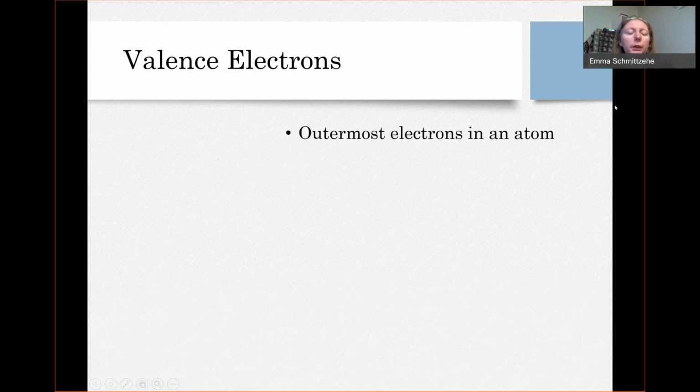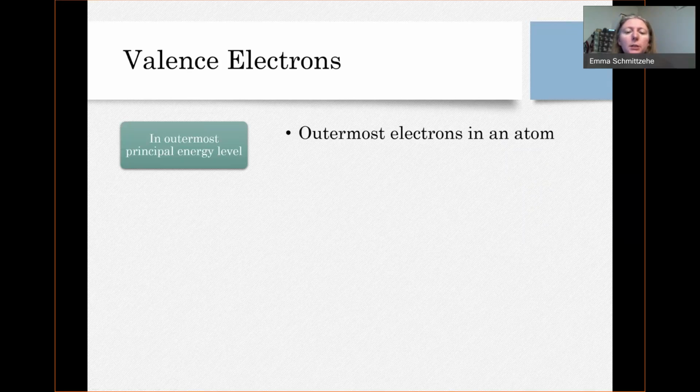So first off, valence electrons really are just the outermost electrons in an atom. Another way it can be described is the outermost principal energy level. Electrons within an atom, although they're all outside of the nucleus, do have different energies.